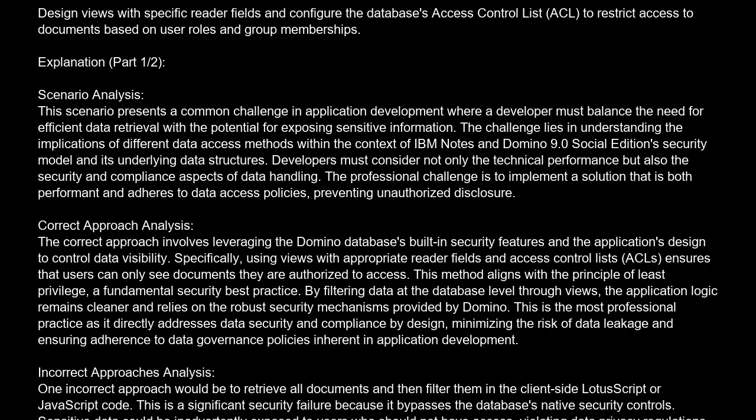By filtering data at the database level through views, the application logic remains cleaner and relies on the robust security mechanisms provided by Domino. This is the most professional practice as it directly addresses data security and compliance by design, minimizing the risk of data leakage and ensuring adherence to data governance policies inherent in application development.